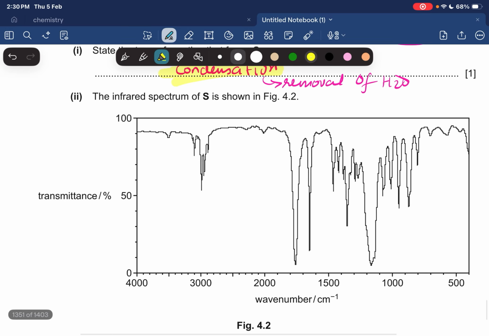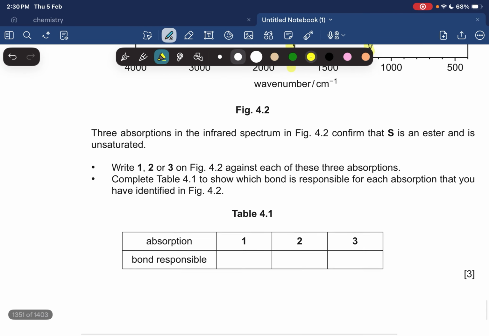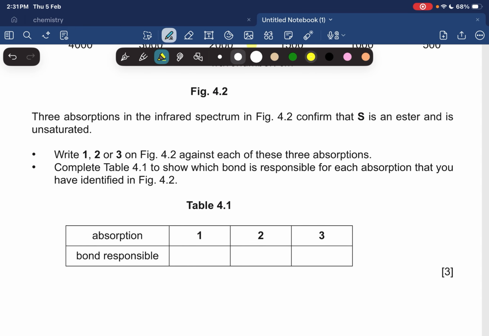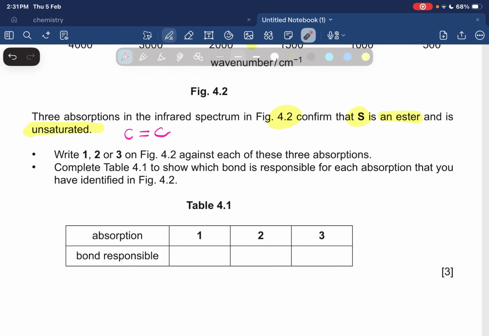The infrared spectrum of S is shown in figure 4.2. That's the spectrum. You can see some peaks over here. Three absorptions in the infrared spectrum in figure 4.2 confirm that S is an ester and is unsaturated. Unsaturated means it has a carbon-carbon double bond, right? Write 1, 2, or 3 in figure 4.2 against each of these three absorptions.